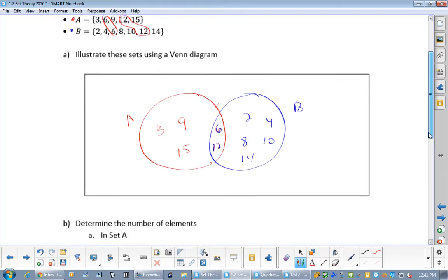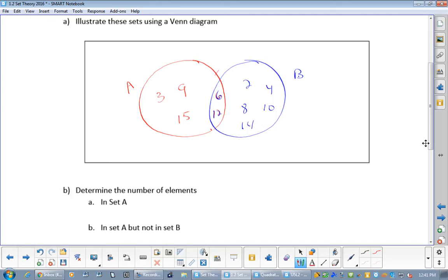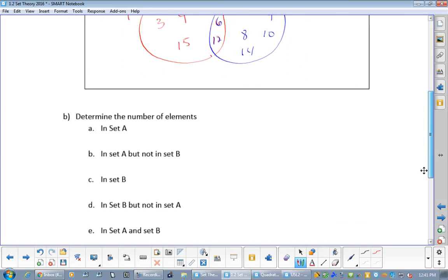And that's obviously a skill you need to be able to know how to do. So that's what it would look like. Now, sometimes they'll say draw them, and now they ask different questions. And they will say, determine the number of elements in set A. So here's another thing you have to know. The number of elements is always given like this: n, bracket, and whatever is inside. So when they want the number of A, this is the way it is written.